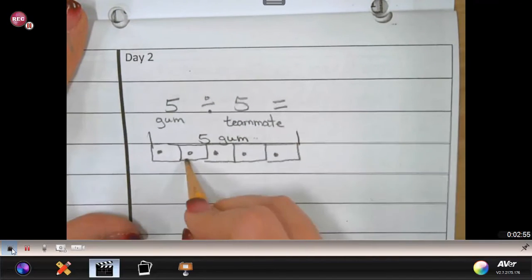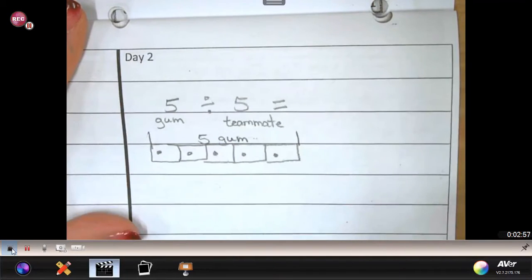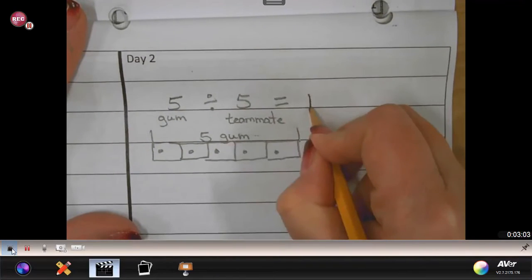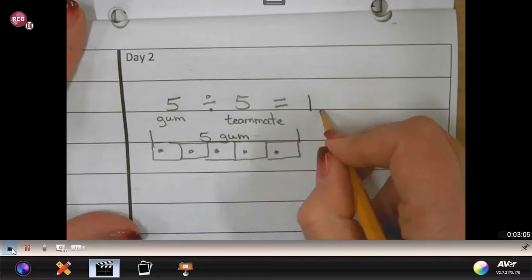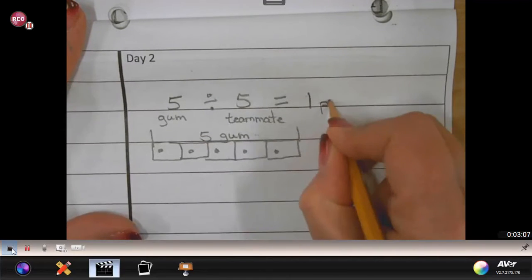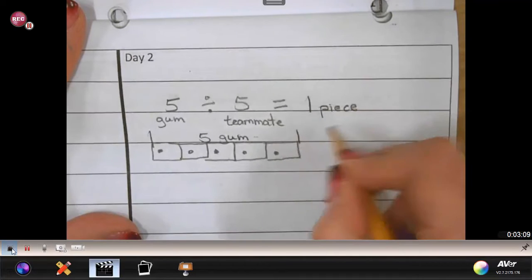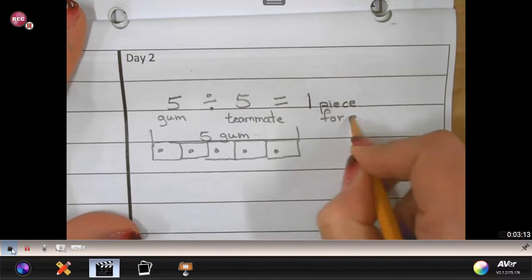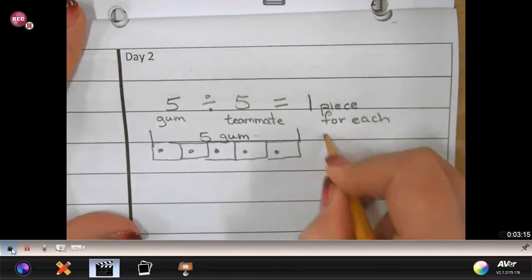Well, I have 1, 2, 3, 4, 5 pieces of gum. So I don't have any more gum to share. And I notice now each person gets 1 piece of gum for each person. 1 piece for each teammate.